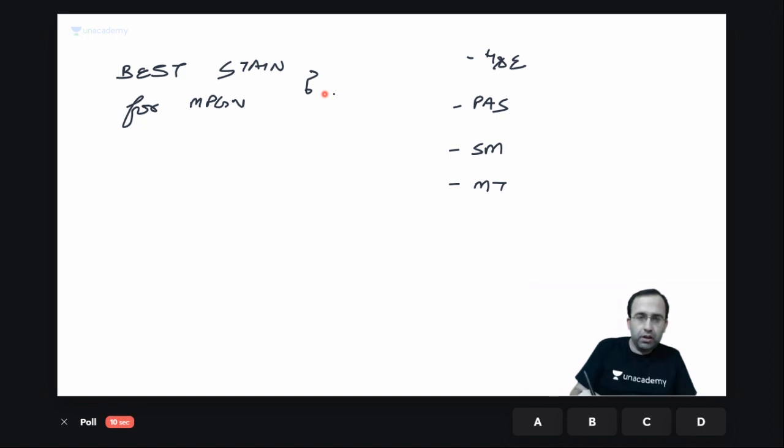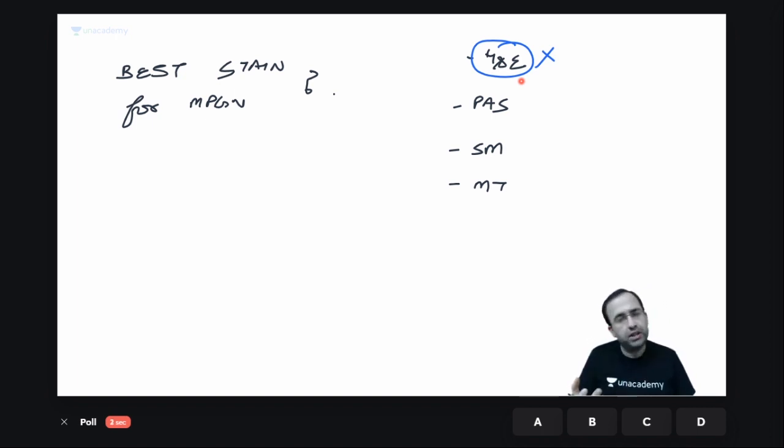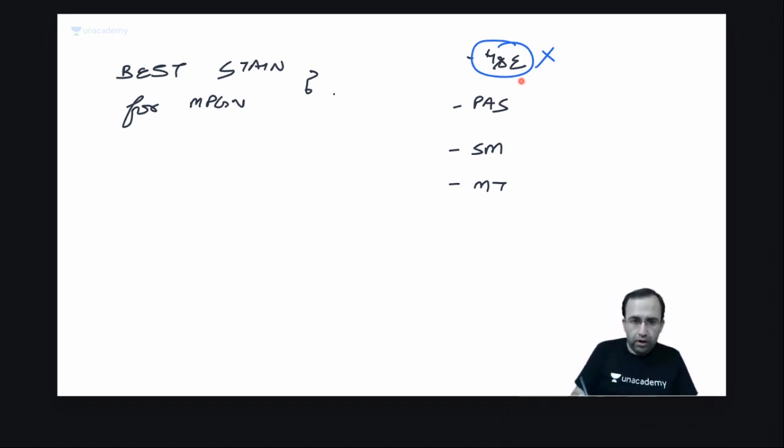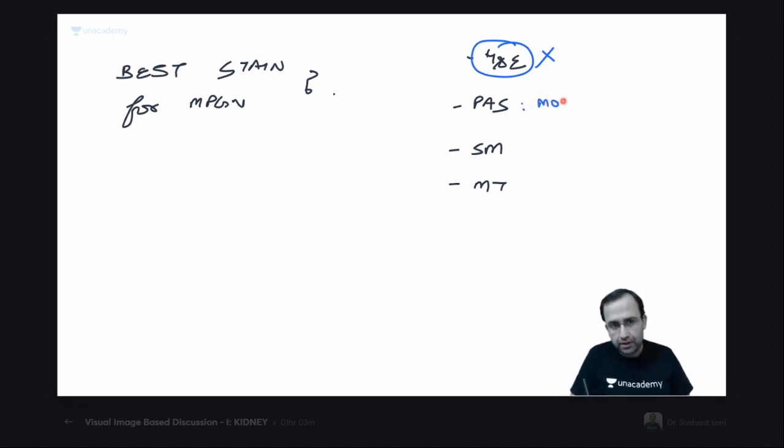Firstly, look, in renal biopsies, HE does not have much role. The distinction in a renal biopsy in a glomerulus with HE is not good. If I have to use a single stain in kidney, we'll use PAS, periodic acid Schiff. This is overall the most useful renal stain.